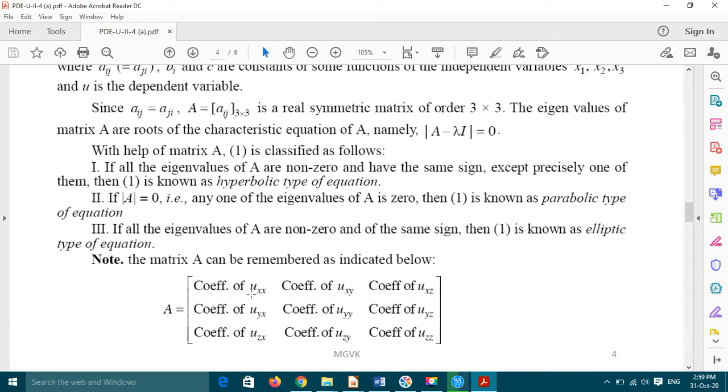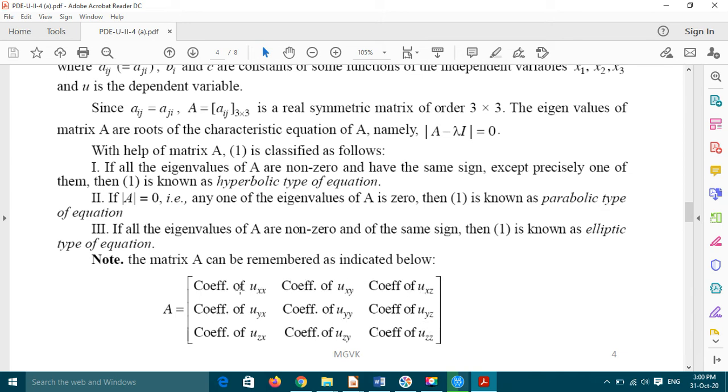So we form the matrix A, which you can remember. A is equal to the coefficient of u_xx, the second order partial derivative of u with respect to x. This is the coefficient of the second order mixed partial derivative of u with respect to x and y. This is the coefficient of the mixed partial derivative of u with respect to x and z, and so on.